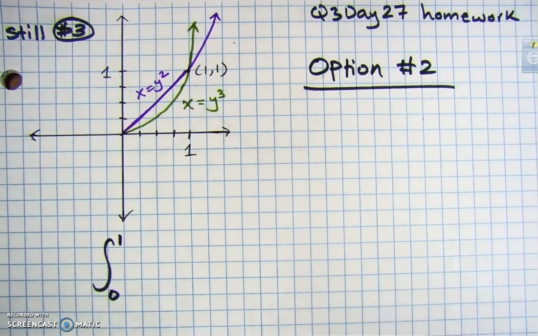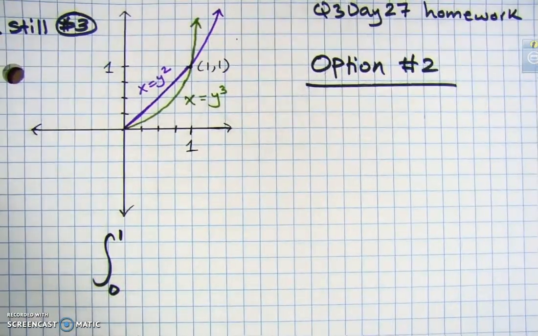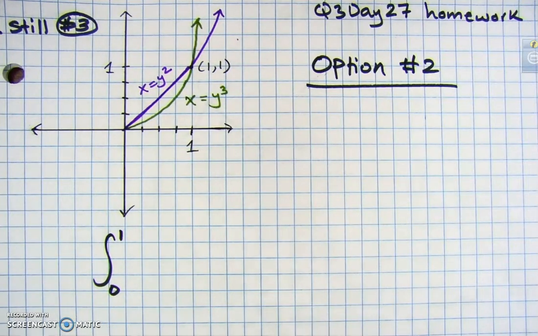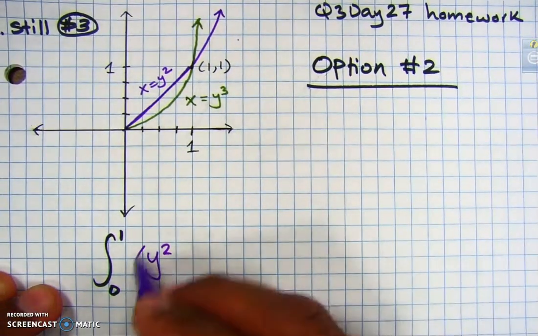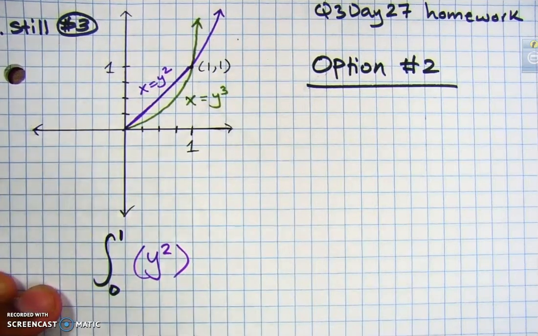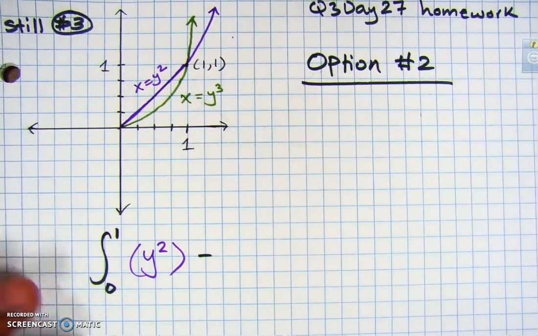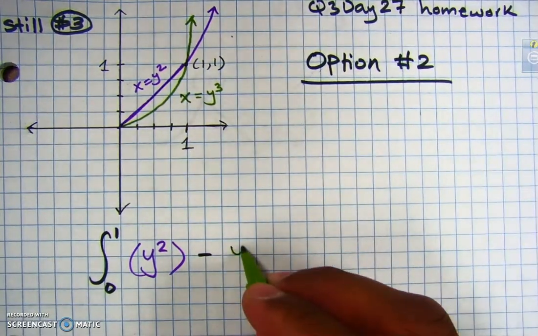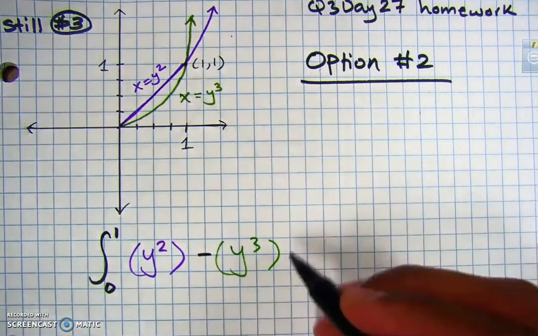So from 0 to 1, the top function is y squared, in purple, minus y cubed, in green, and this is all with respect to y now.